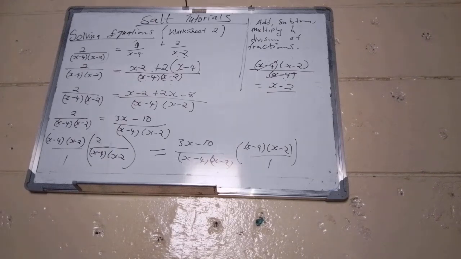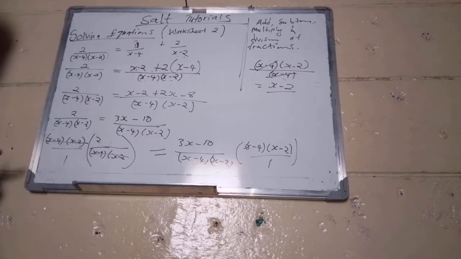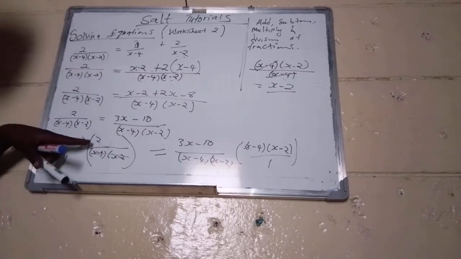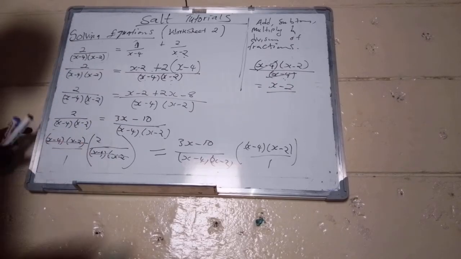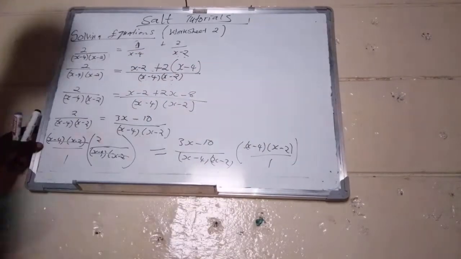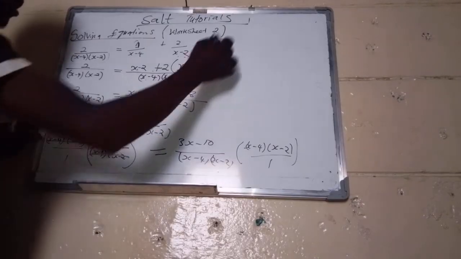Multiplying by this, the denominator here and this will cancel. What am I going to remain with? On my left hand side, I'm going to remain with the 2 alone because the denominators have cancelled out. So let me delete this part. So what do I have? I'm remaining with the 2.